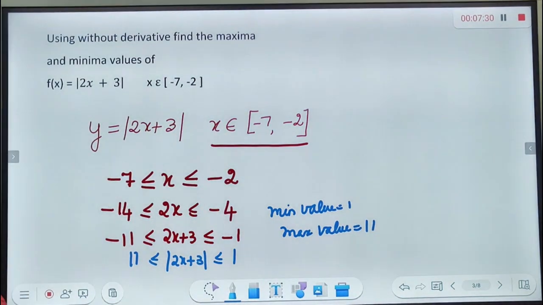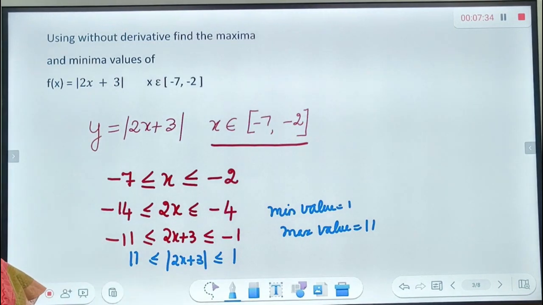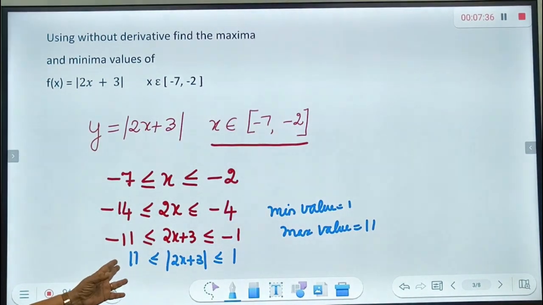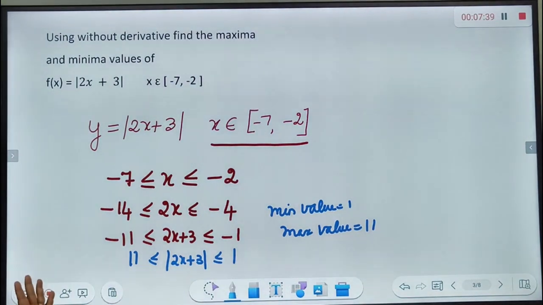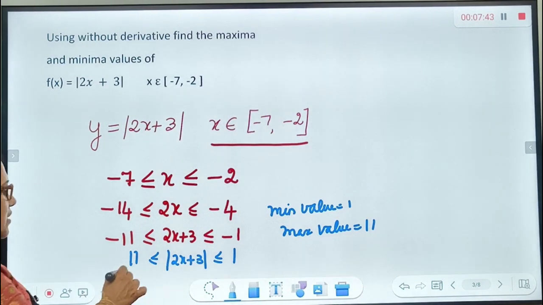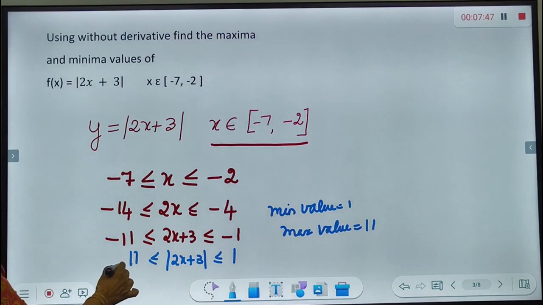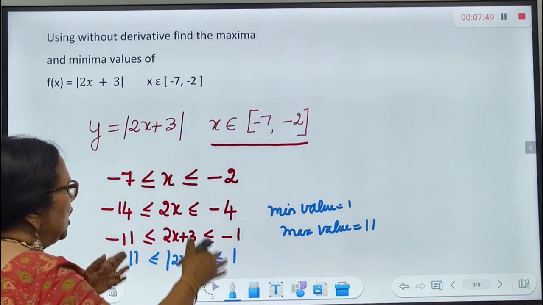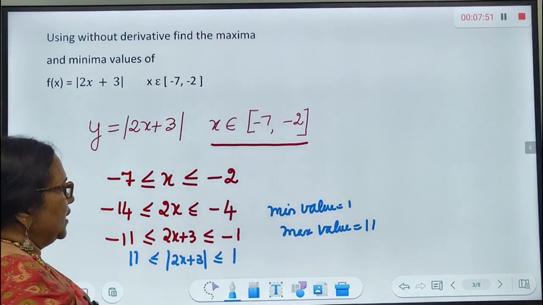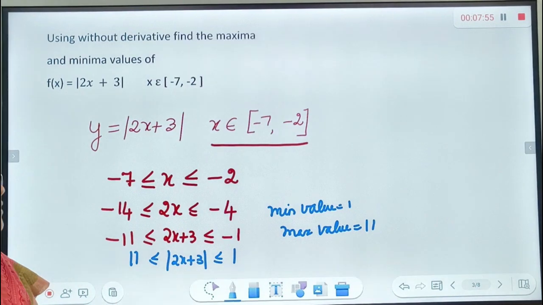So I have not used calculus, I have just used the concept of logic and inequalities to find out the maximum and minimum value. So it lies between 1 and 11. See, actually 1 less than or equal to modulus of 2x plus 3 less than or equal to 11, when I take the absolute value sign. So the minimum value is 1, the maximum value is 11.